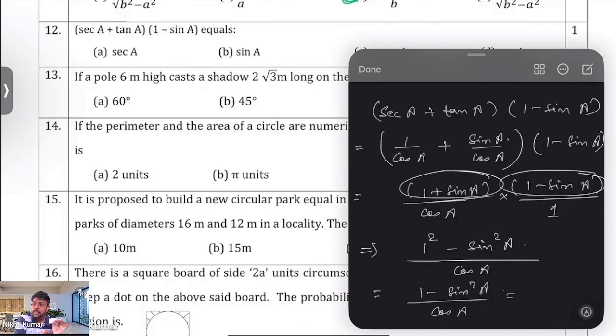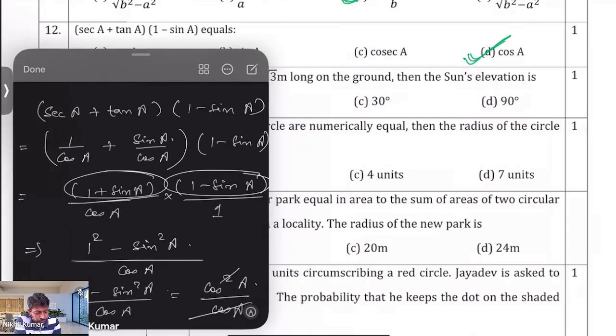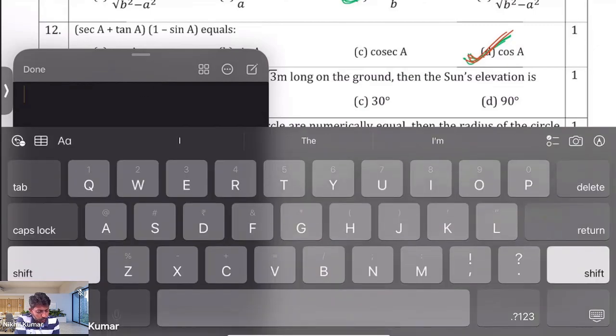Sine square A plus cos square A is equal to 1. So 1 minus sine square A is equal to cos square A upon cos A. Cos A, this square gets cancelled. What we are left with is cosine of A. And that's our answer. Okay? Let's move on to the next question now.